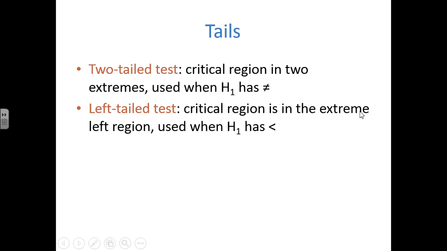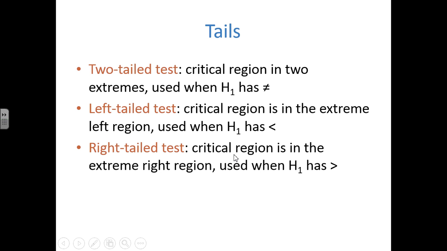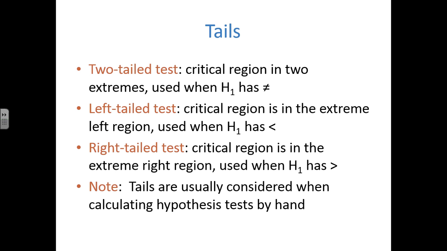The left tail test is when the alternative hypothesis has the less than symbol, and it means that the critical region is in the left region or the left tail. And a right tail test is used when the alternative hypothesis has a greater than, and the critical region is then in the right tail or the extreme right region.